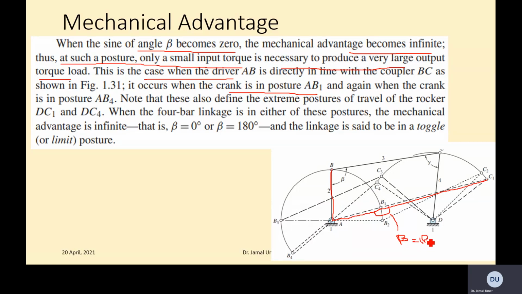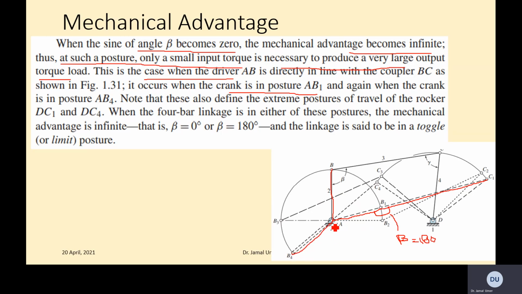If you plug in 180 degrees, the sine of beta, for 0 or 180, what does this mean? It means you get a 0 value of sine beta. This occurs when the crank is in posture AB1, and again when the crank is in posture AB4. So this is one case, and the other case is when AB4.